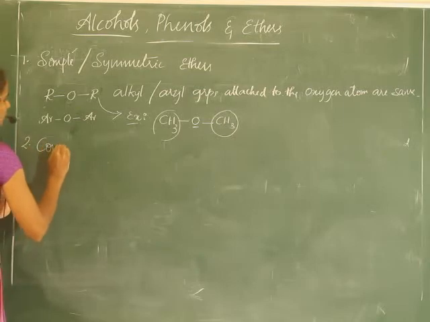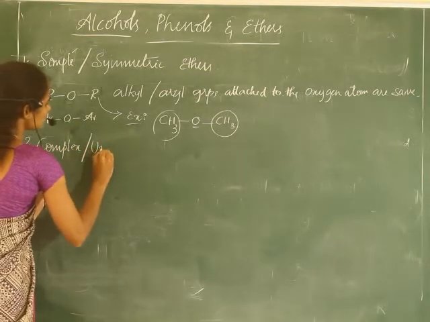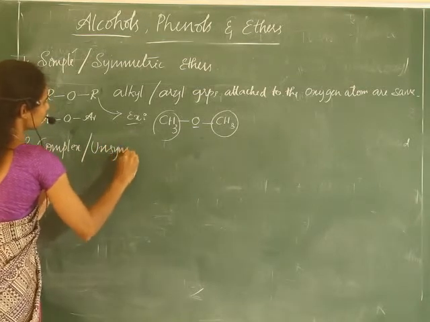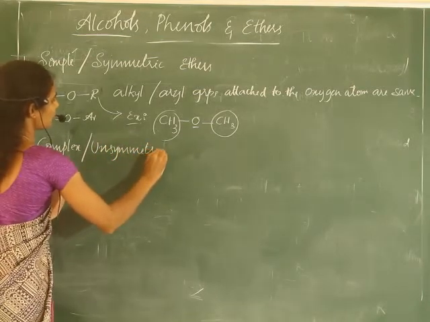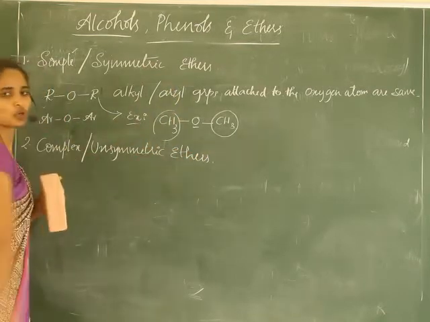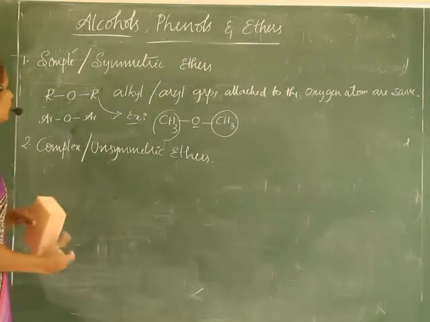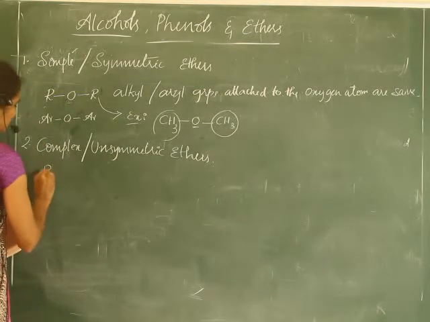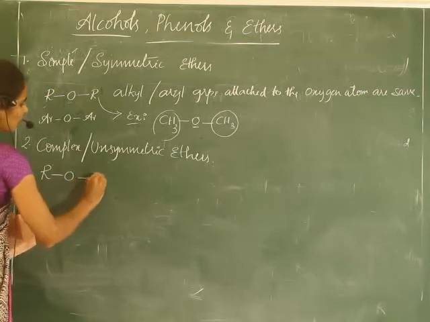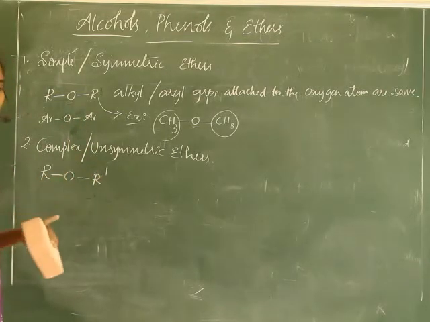Next, the second one is complex or unsymmetric ethers. See, what is a complex or unsymmetric ether? R-O-R dash. R and R dash are different.